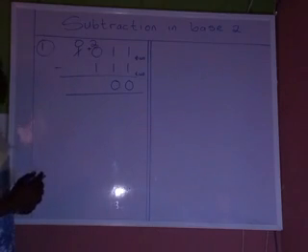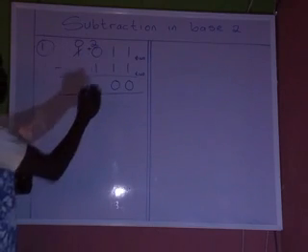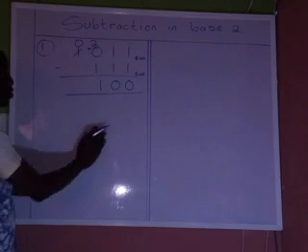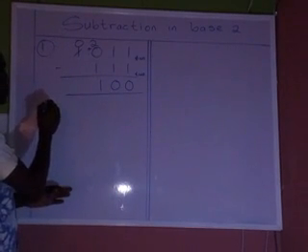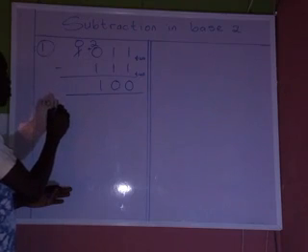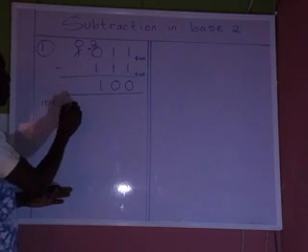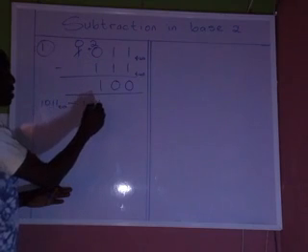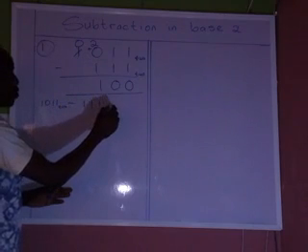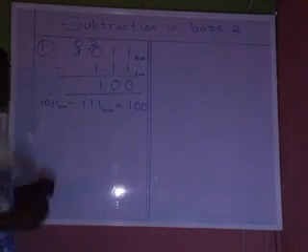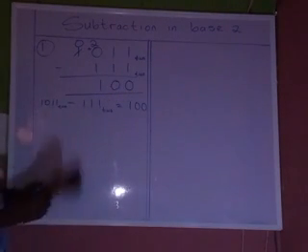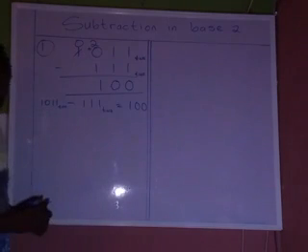That gives me 2. 2 minus 1 gives us 1. So 1011 in base 2 minus 111 in base 2 will give us 100.